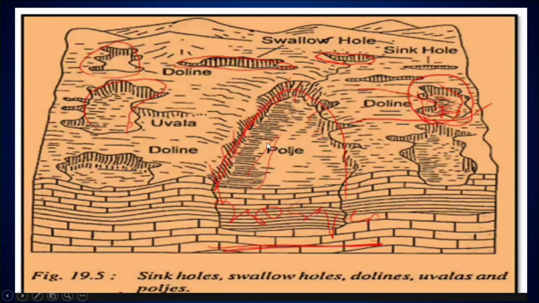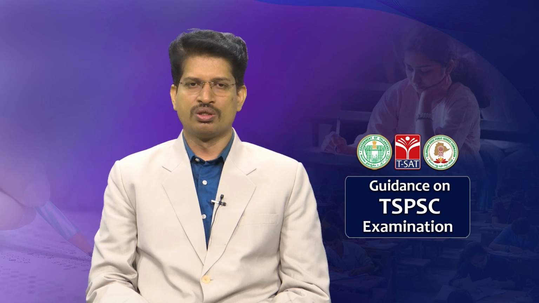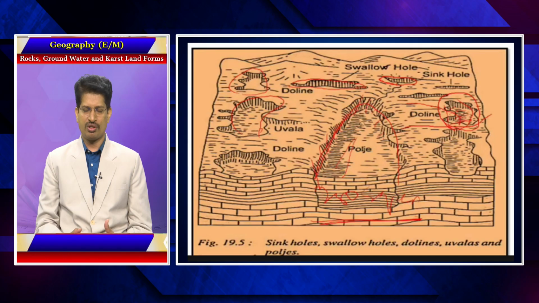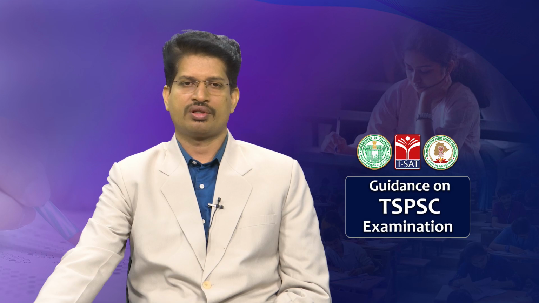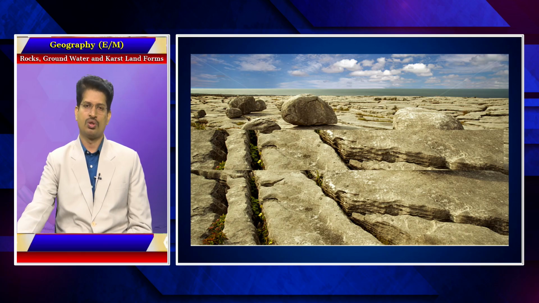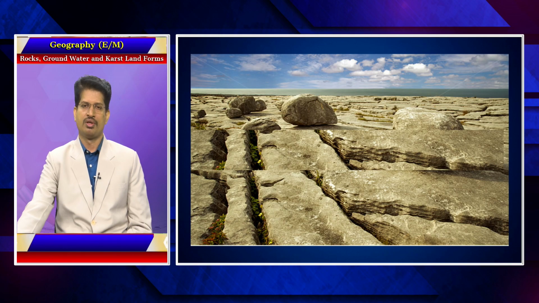When the roof of the cave collapses because of the merging of the sinkholes and dolines, because of increasing solutional activity, this kind of feature is known as a polje. These are all the features of karst topography. This is how the solutional activity happens, leading to the disappearance of the flowing streams in a limestone dominated topography.